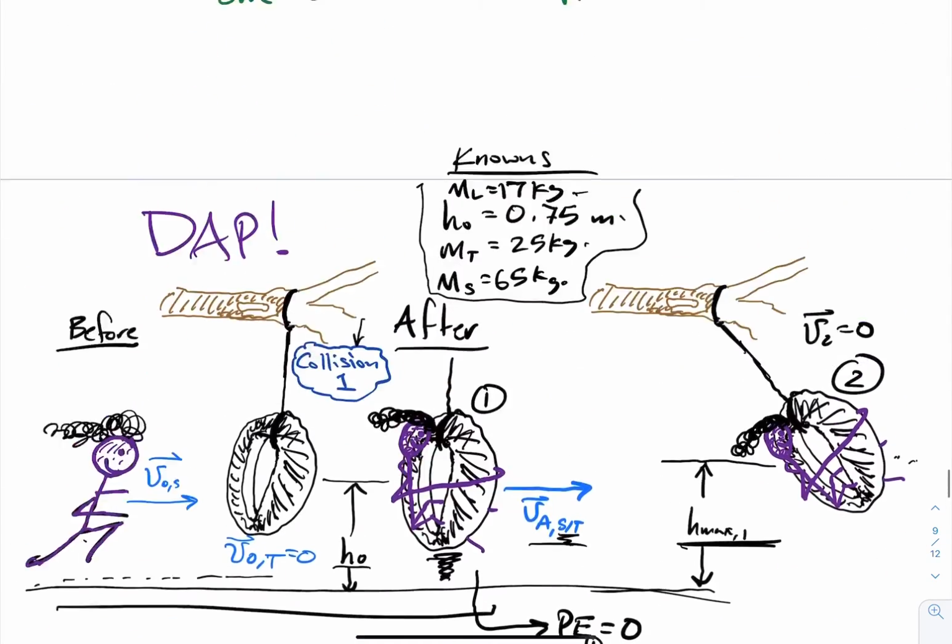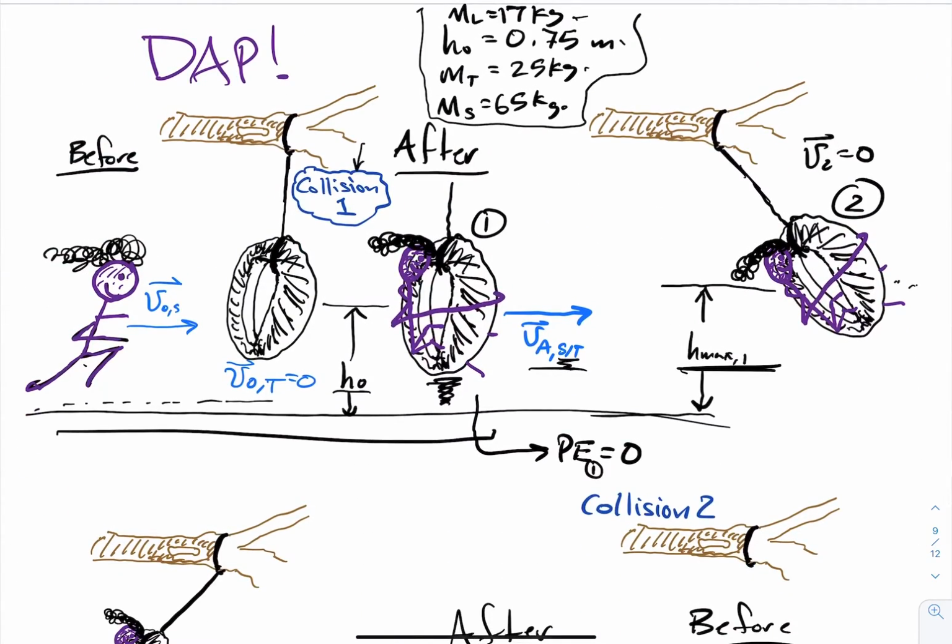This is the first collision that we're trying to analyze, where Smoot jumps horizontally and onto this tire. And the reason we said that horizontally is so that what that implies is that this velocity direction and this velocity direction will both be horizontal. We won't have to worry about any y direction motion.